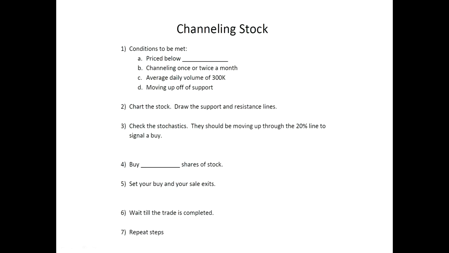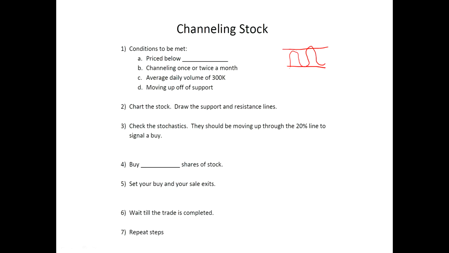Also make sure that when you buy the stock, it is moving off of the support. And also make sure that the stock is channeling once or twice a month. What I mean by that is make sure that this is support and that's resistance. Make sure it hits support and resistance at least once or twice that month, or that period.